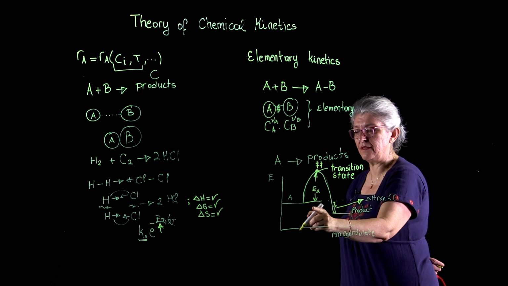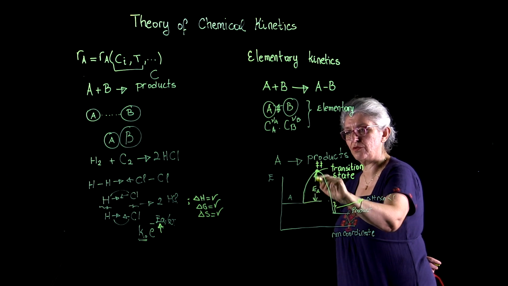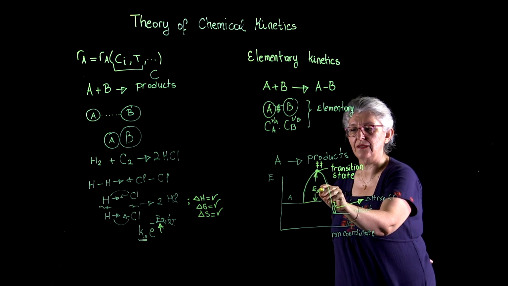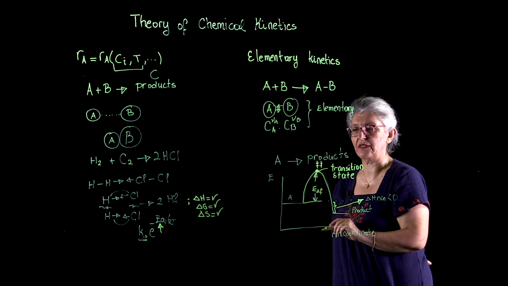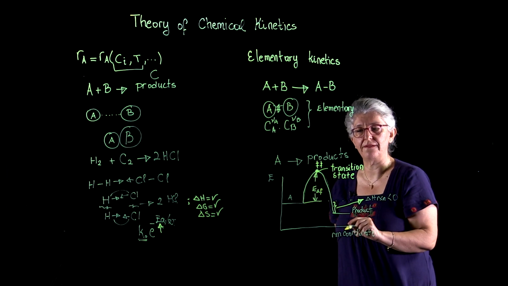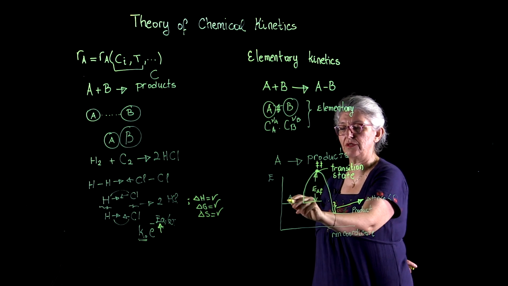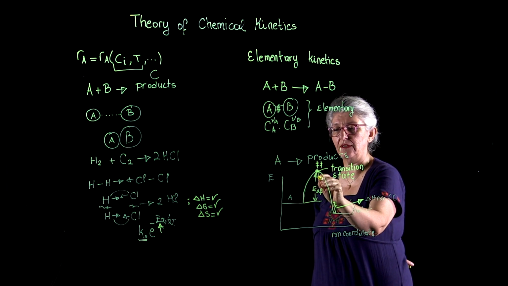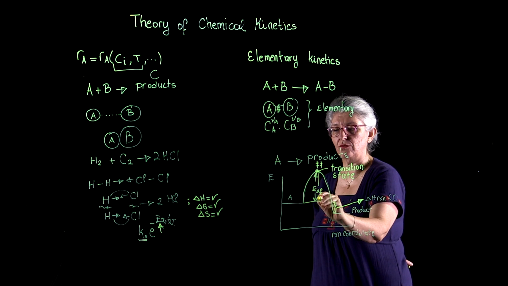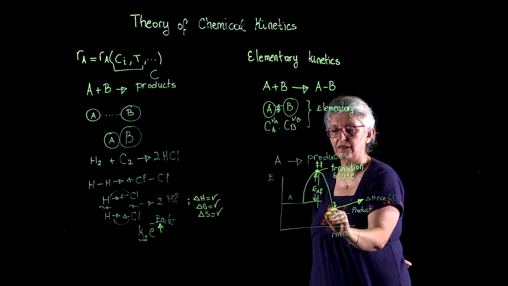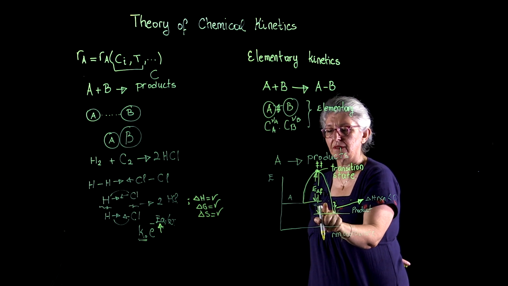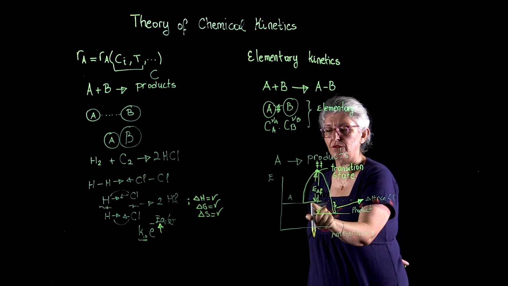So this barrier going from A to the transition state is the barrier for the forward reaction. We also have another barrier if we take the product going back to the reactant. Okay? So this is going to be the barrier of the reverse reaction.